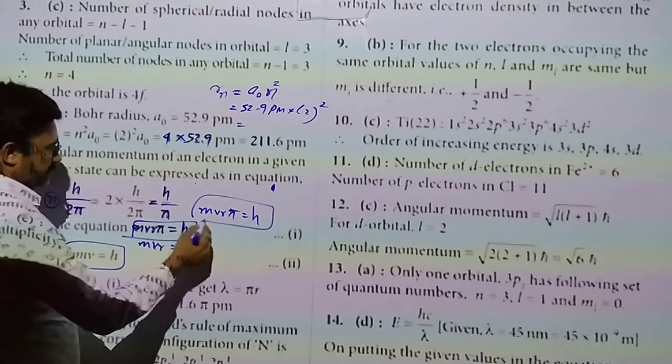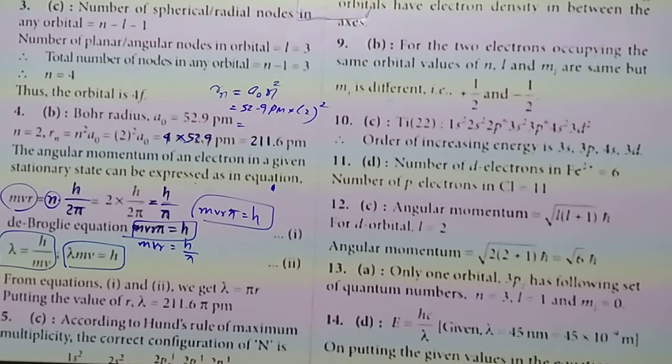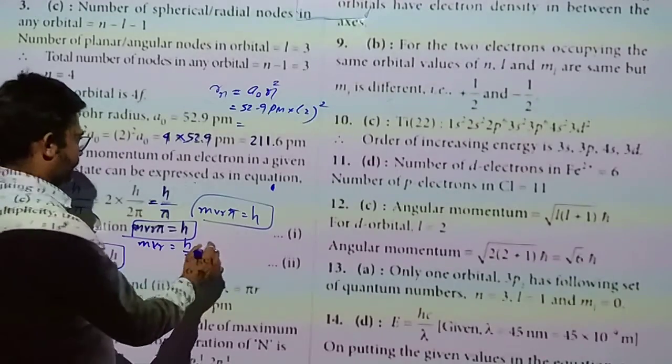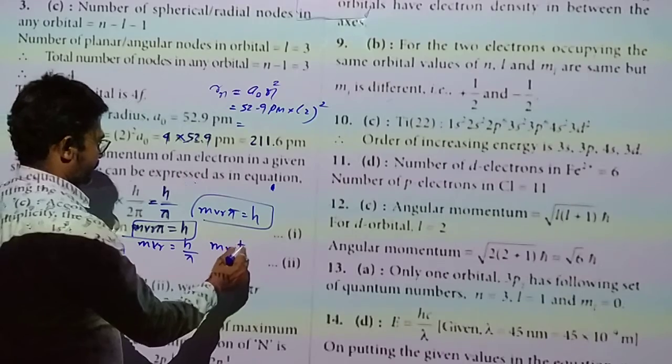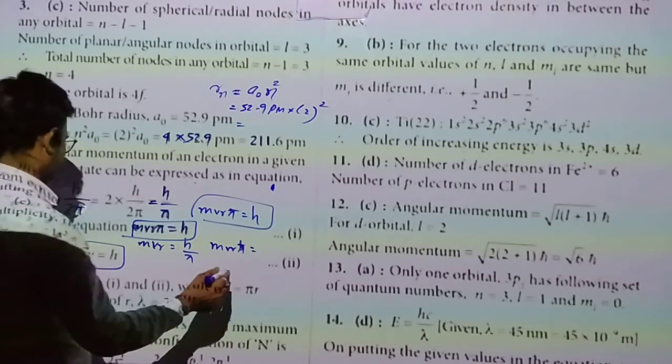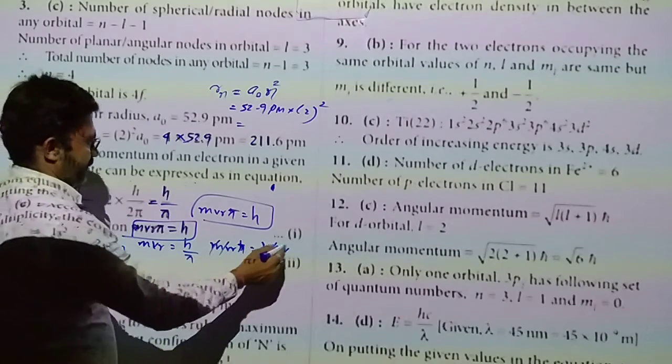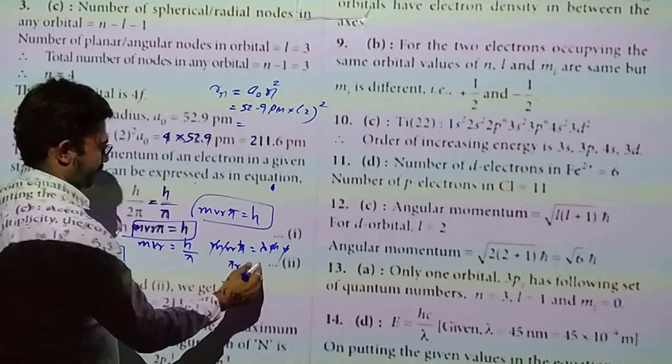This equation we are comparing with this one. mvr equal to h upon pi, so mvr pi equal to h. When we compare, mvr pi equal to lambda mv, mv cancels, so pi r equal to lambda.